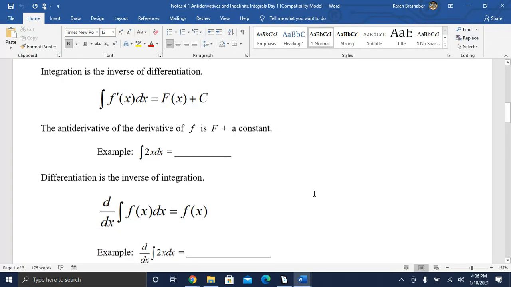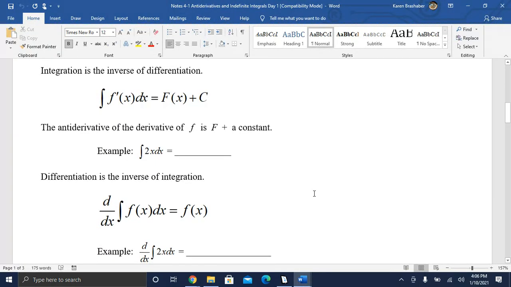So I do want you to get the idea of this inverse operation. So the antiderivative of f prime of x, the antiderivative of the derivative, should give you the original function plus a constant.